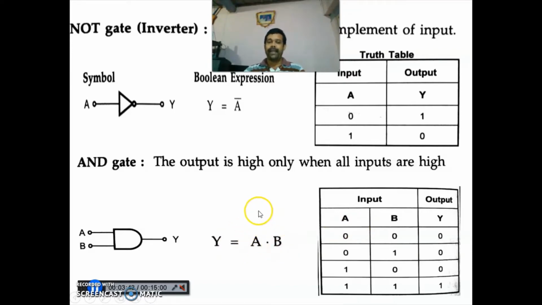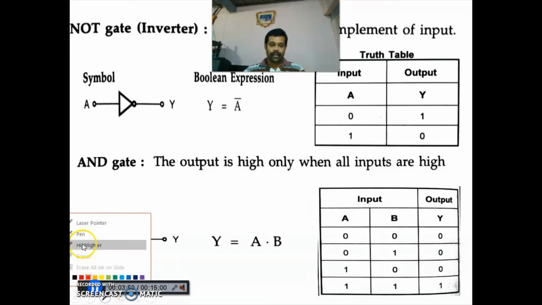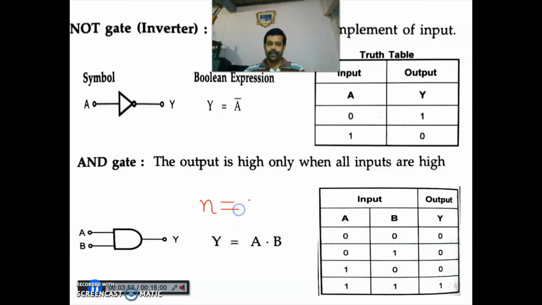If you are having n variables, you will be getting 2 to the power n combinations.